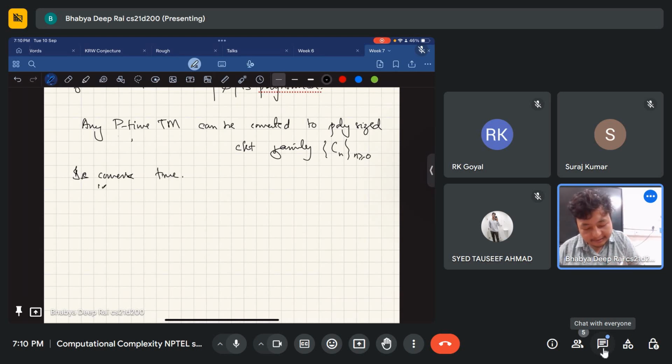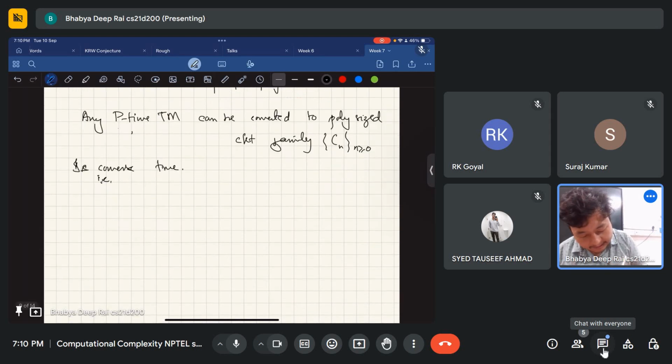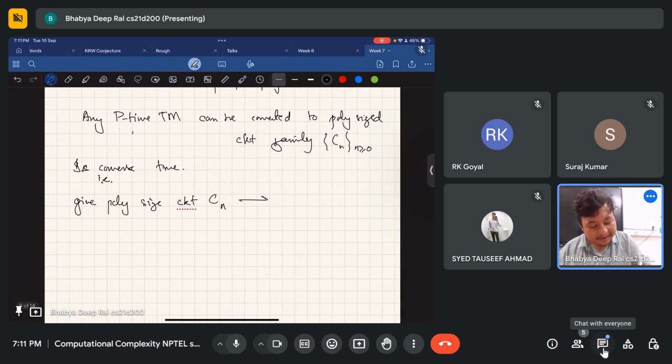That is, if I have a polynomial sized circuit C on n bits, can it be characterized by a Turing machine taking polynomial time?